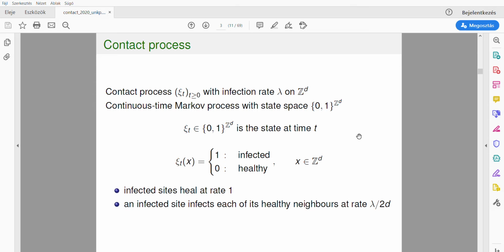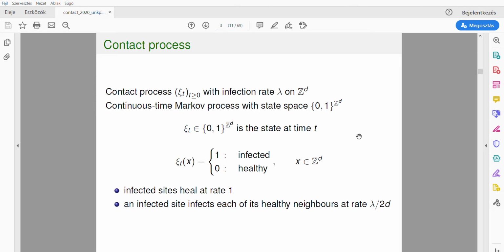One way of saying this is that I have an infection clock with rate lambda, and then I choose a random neighbor and infect it. So when the clock rings, I choose a uniform neighbor and I infect it.